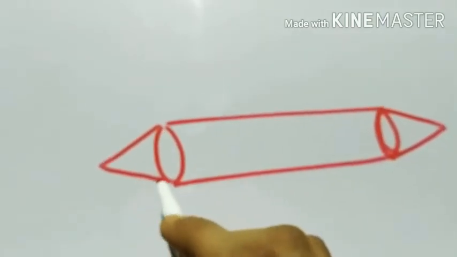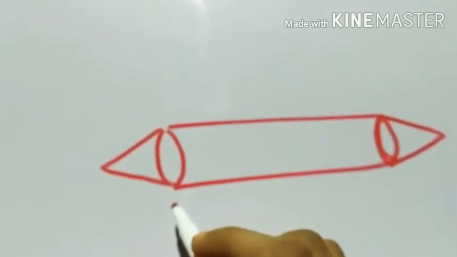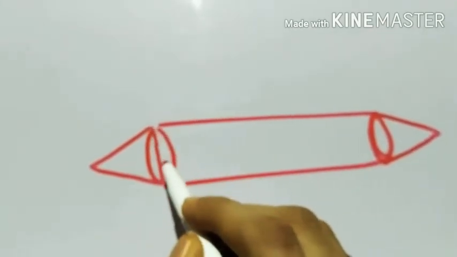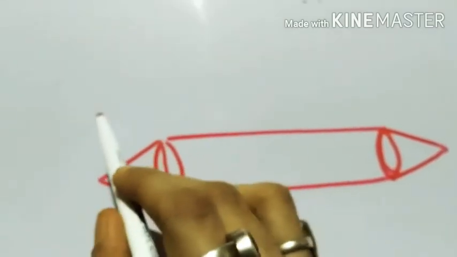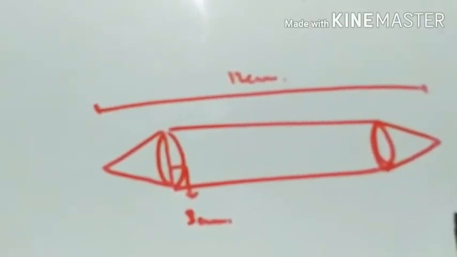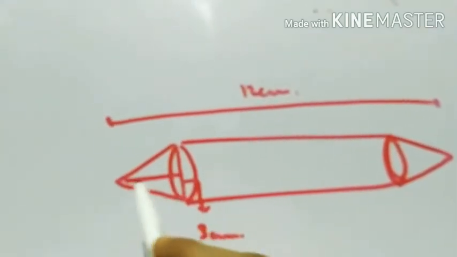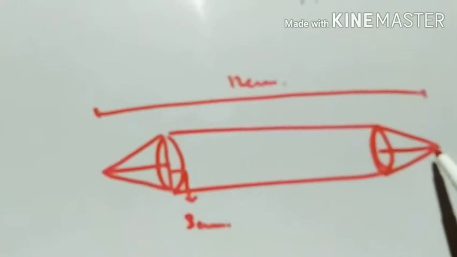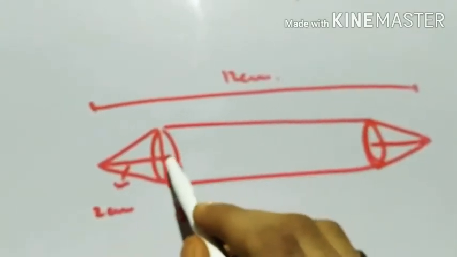The diameter of the model is given as 3 centimeter. The total length is given as 12 centimeter. The height of each of the cones is given as 2 centimeter.